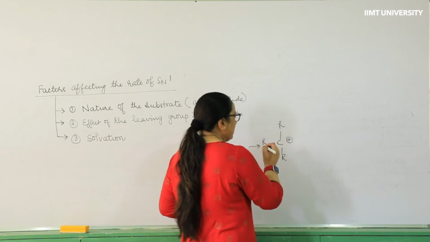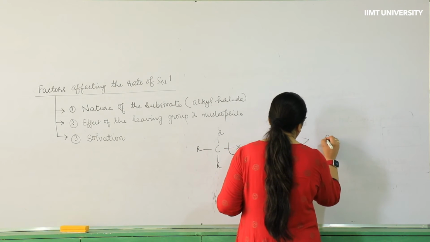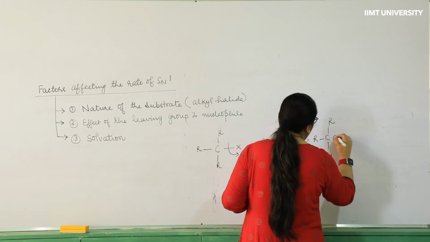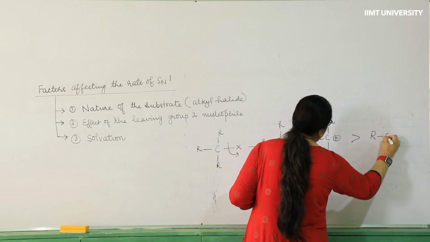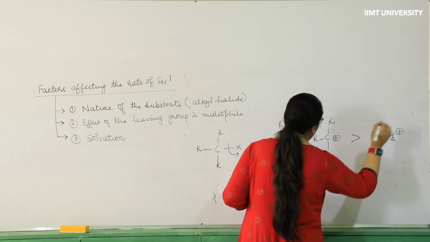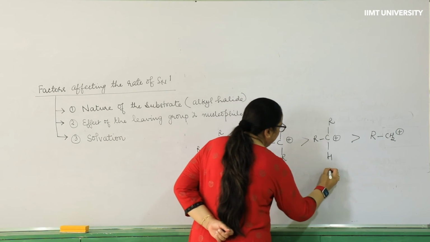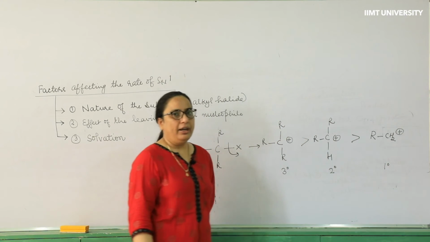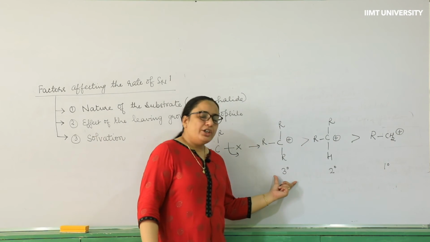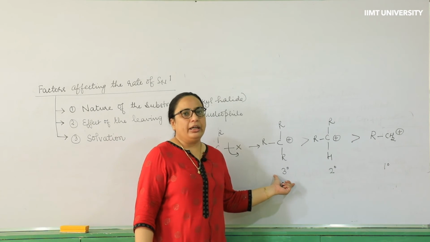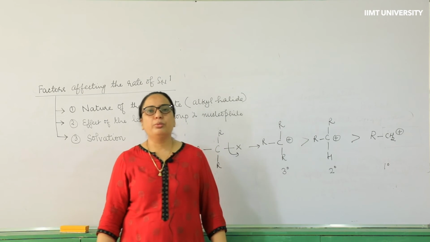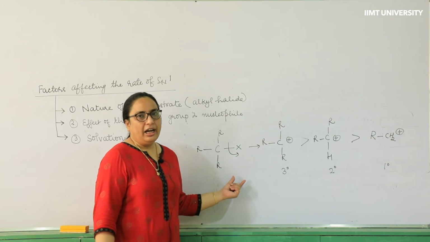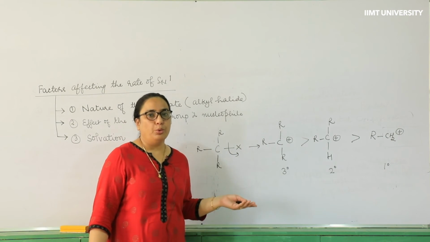If we talk about the stability of the carbonium ion, here are the structures of tertiary, that is 3 degree, secondary 2 degree, and the primary carbonium ion. The tertiary carbonium ion, or the 3 degree carbonium ion, is supposed to be the most stable. That is, if we take the tertiary alkyl halide, then it will favor the reaction most.